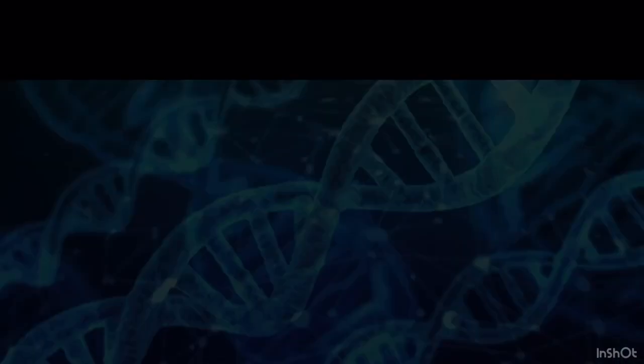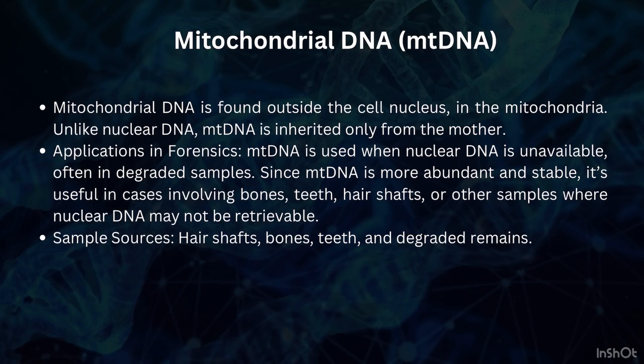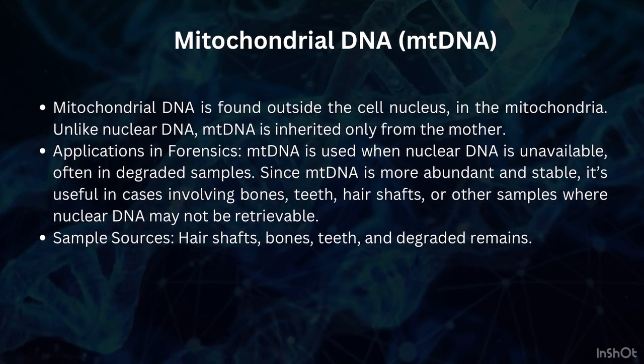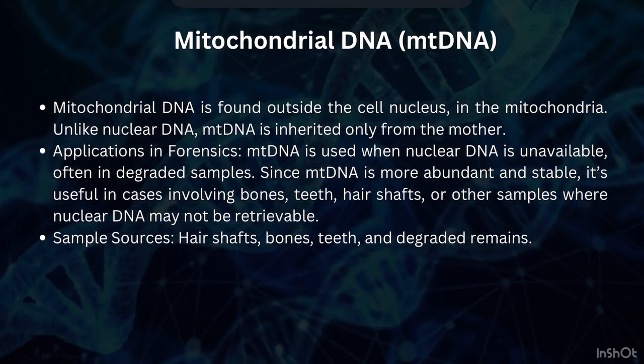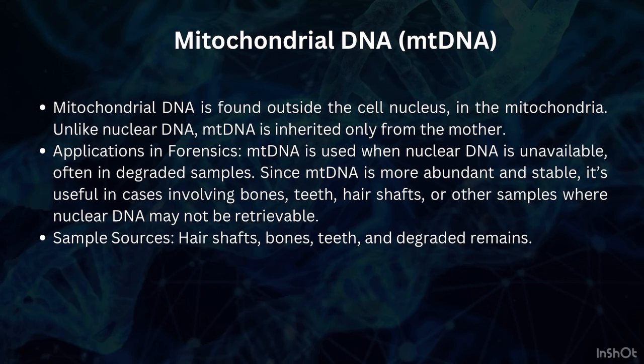After this, we discuss mtDNA, which is mitochondrial DNA. Mitochondrial DNA is found outside the cell nucleus, in the mitochondria, unlike nuclear DNA. mtDNA is inherited only from the mother. Application in forensic science: mitochondrial DNA is used when nuclear DNA is unavailable.